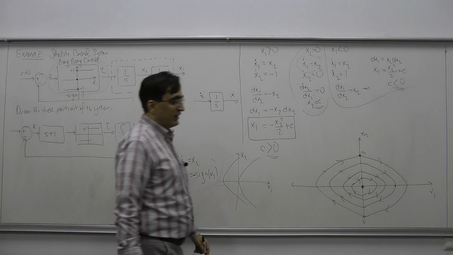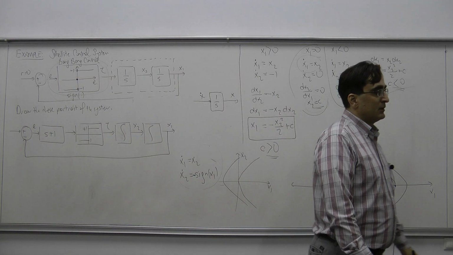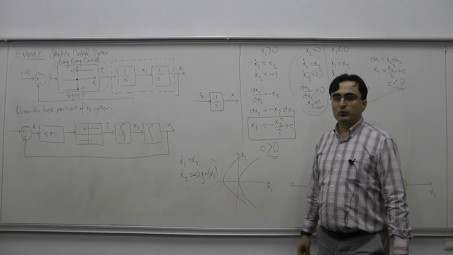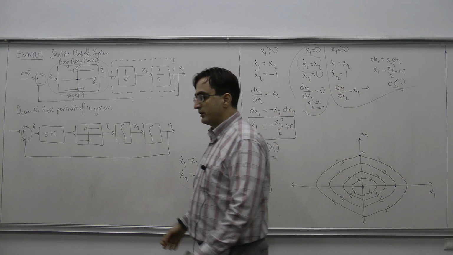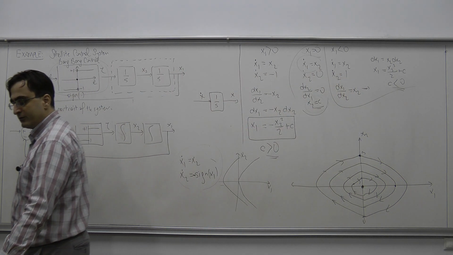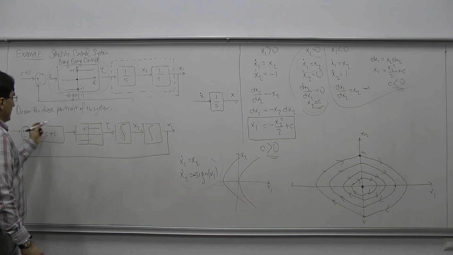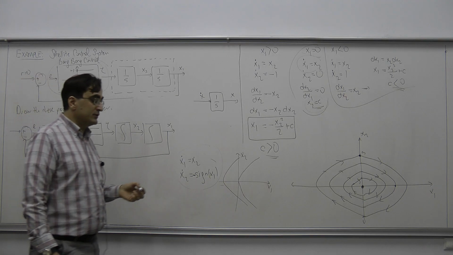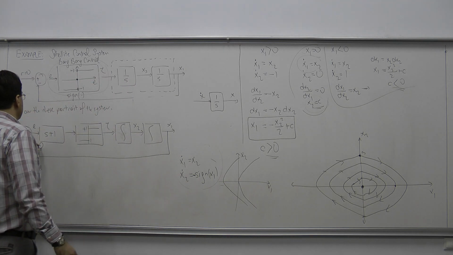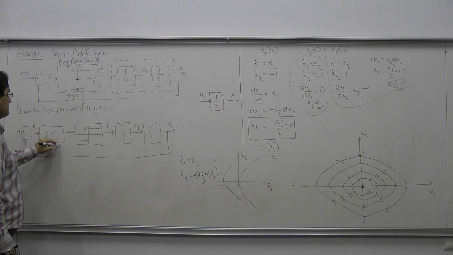This new block is s plus 1. Can you tell me what type of controller that block s plus 1 is? It contains an s and a constant. So we know that s is derivative and 1 is just a proportionality constant, meaning that this is a PD controller, okay?